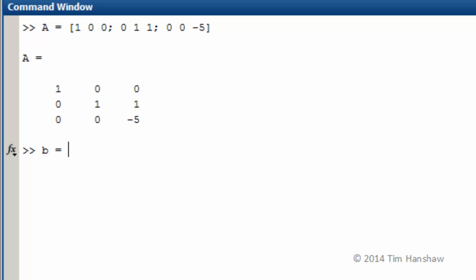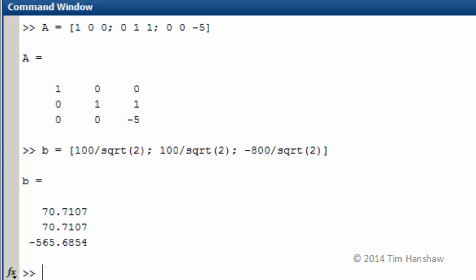My B vector is open square bracket 100 divided by the square root of 2 semicolon to go to the next row, 100 divided by the square root of 2 semicolon to go to the next row, and negative 800 divided by the square root of 2.